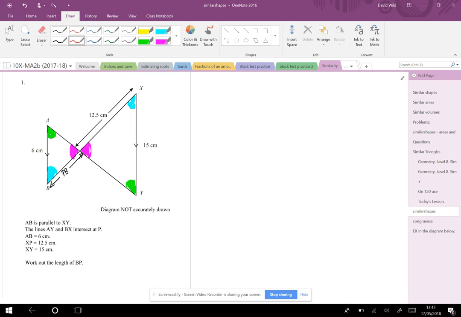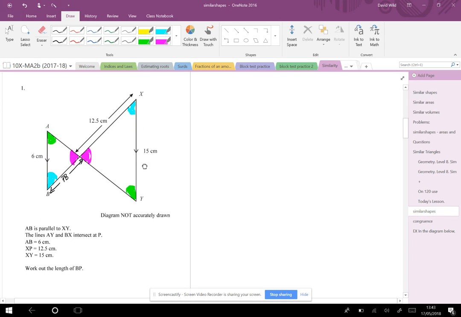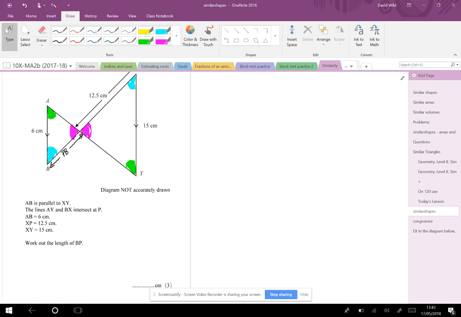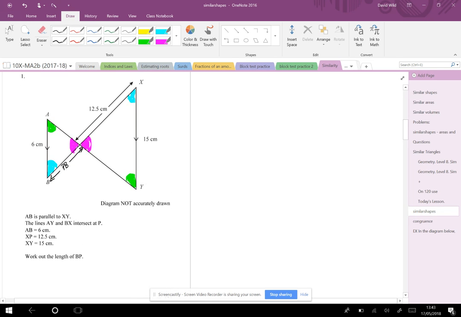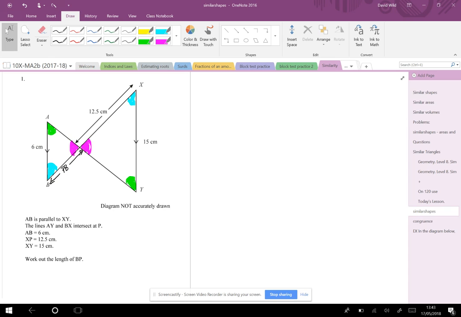Okay, so what we're going to try and do is get the ratios of corresponding sides equal, because we're told that these are similar.